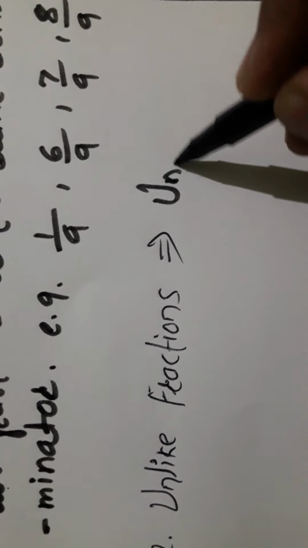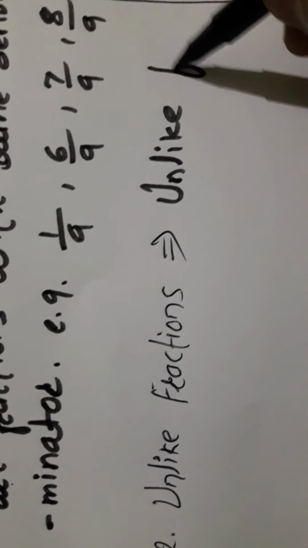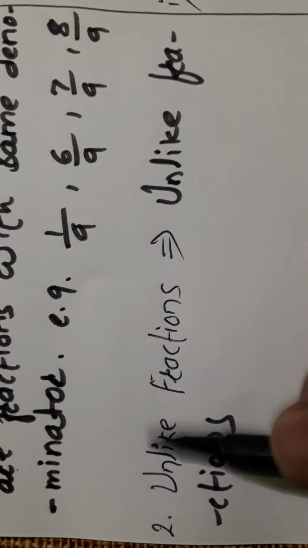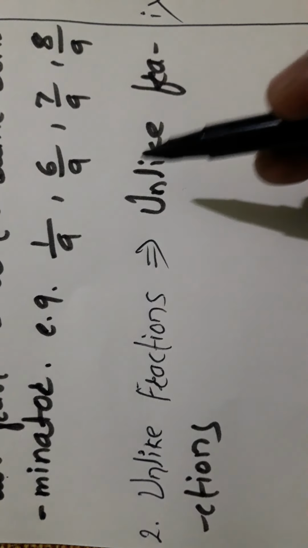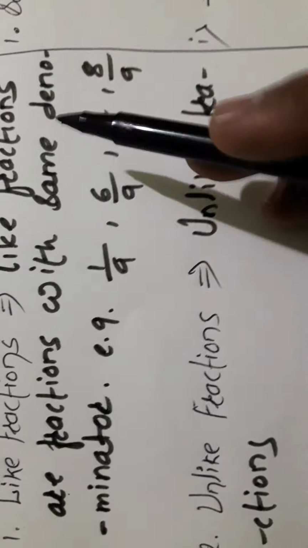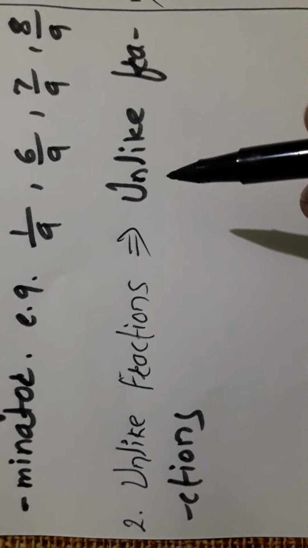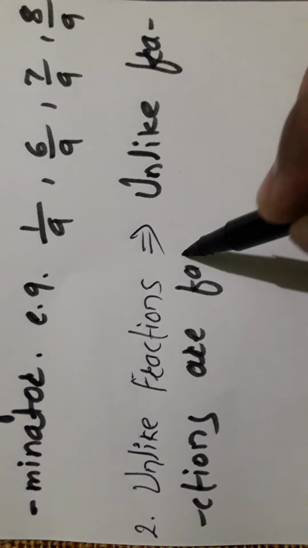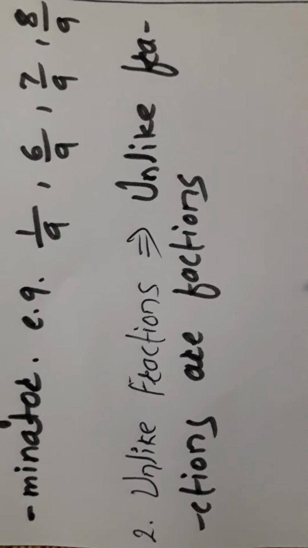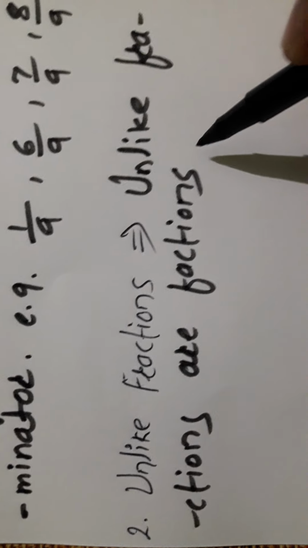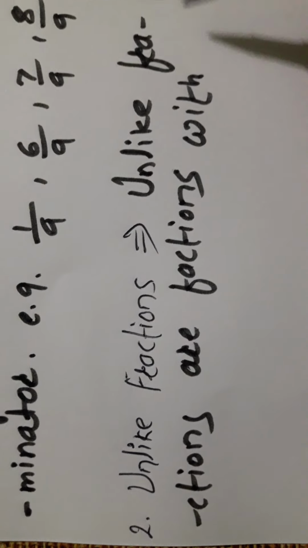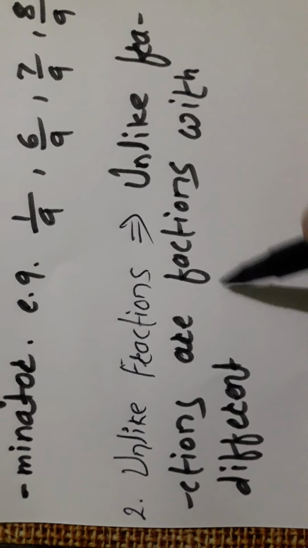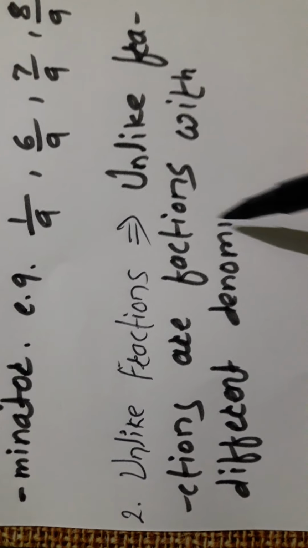The same definition, only the word unlike, and instead of same denominator I write different denominator. Unlike fractions are fractions with different denominator.